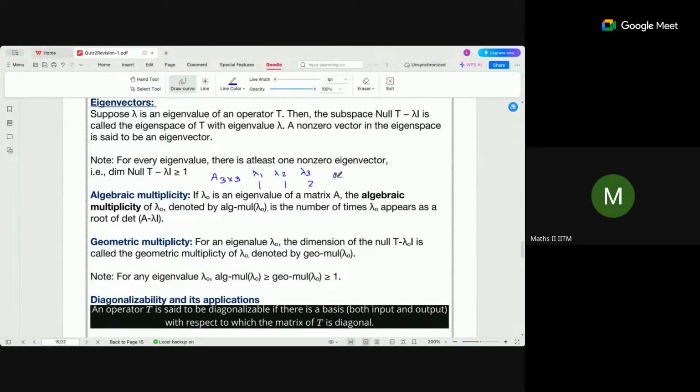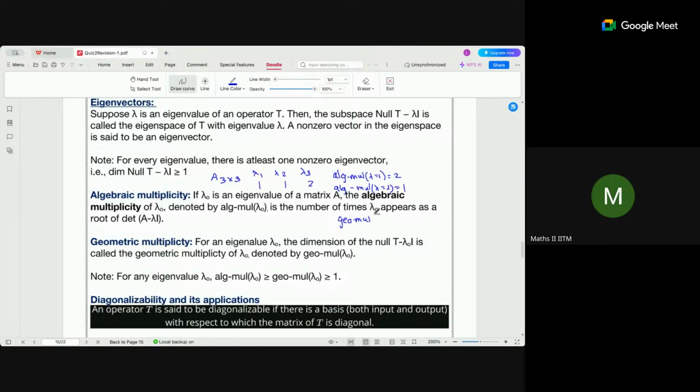What is the algebraic multiplicity of 1? It is 2, since it occurs 2 times. What is the algebraic multiplicity of lambda equal to 2? It is 1. What is the geometric multiplicity of lambda equal to 1?